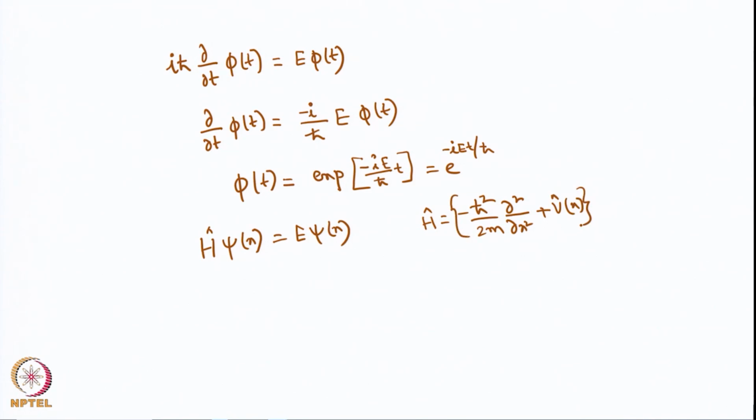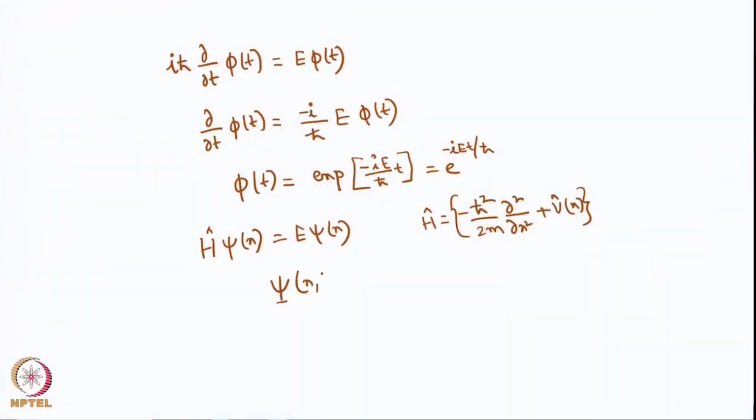We will come to the solutions of it in a minute, but the total wave function psi of x comma t can now be written as psi of x into phi of t, which is nothing but psi of x into e to the power of minus iEt by ħ.